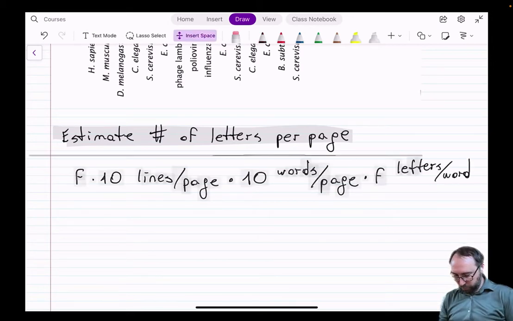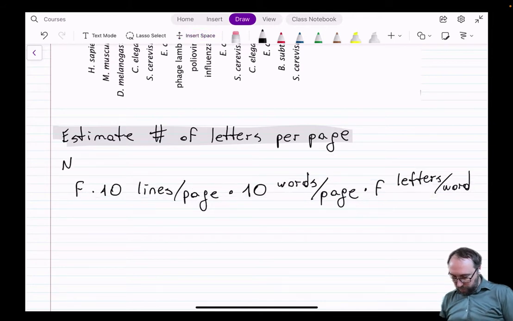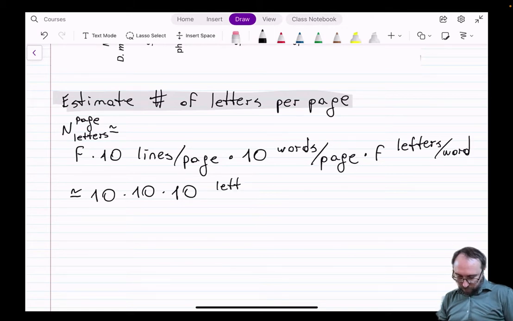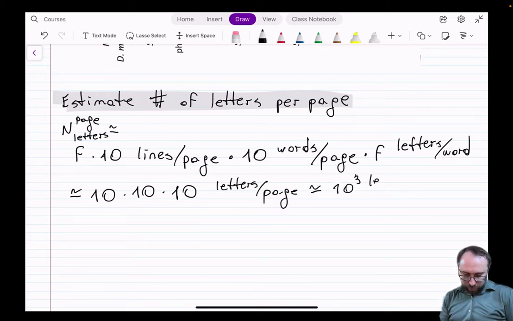So this is the number of letters in a page. Few times few, that's 10. Then I have 10 lines, then I have 10 words per line. So this is letters per page, which is on the order of 10 to the 3 letters per page.